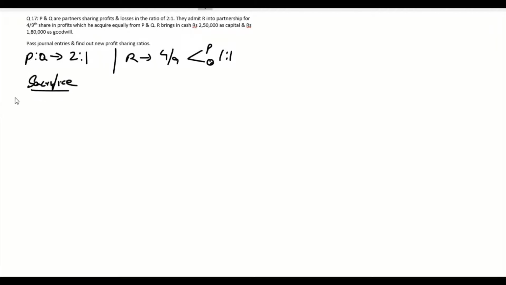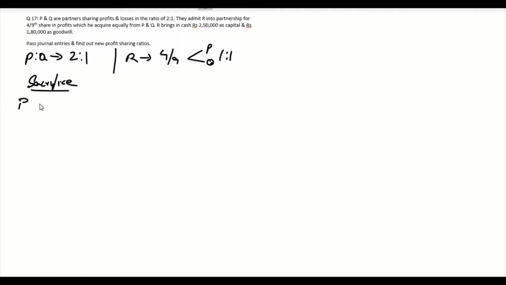So here there are two partners, P and Q, who are sharing profits in the ratio of 2:1. They admitted R for 4/9 share of profit, which he acquires from P and Q equally. So it is P and Q in the ratio of 1:1. So first we will look at what is the sacrifice made by the old partners.